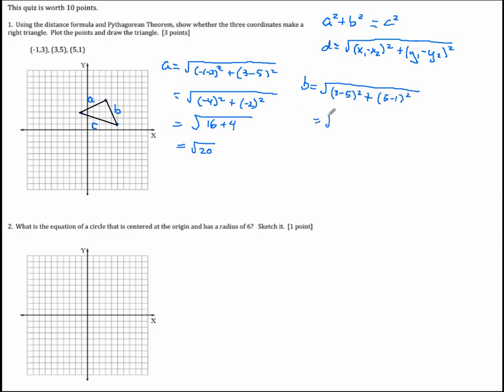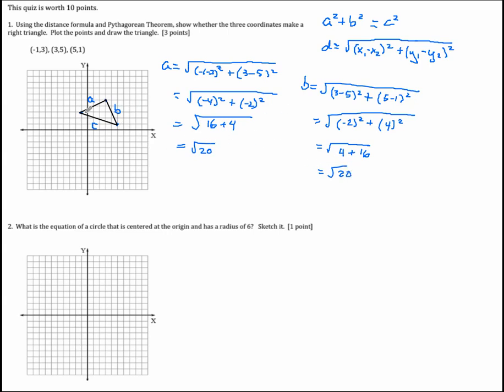So -2 squared plus 4 squared. That would be 4 plus 16. Looks real familiar. So we see that A and B happen to be the same length.